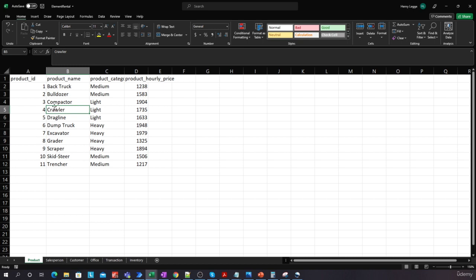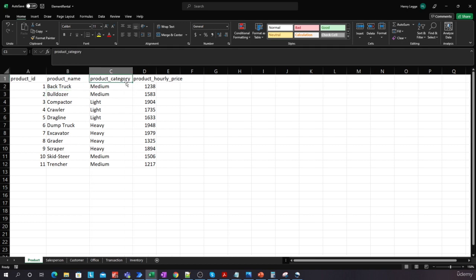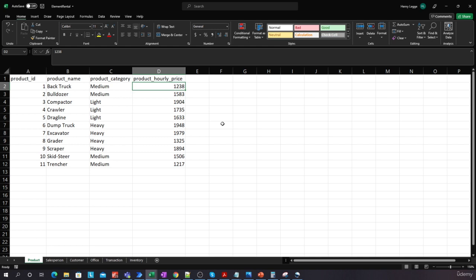For example, they might have 20 bulldozers, but all of them have a product ID of 2 and a product name of bulldozer. Each product also gets a category: medium, light, or heavy. And you also know the hourly rental price for every product. For example, if a customer wants to rent a compactor, it would be $1,904 per hour. Okay, so that's product.